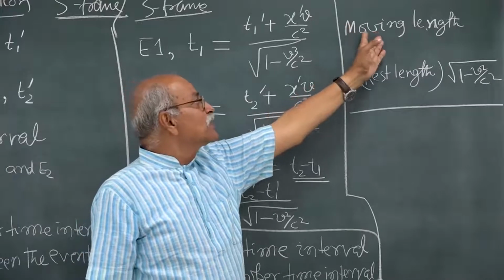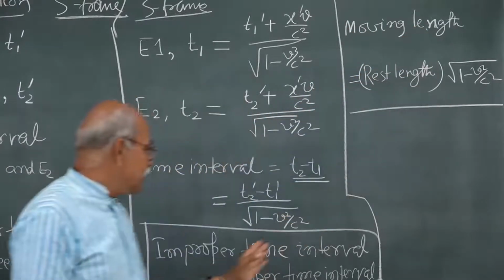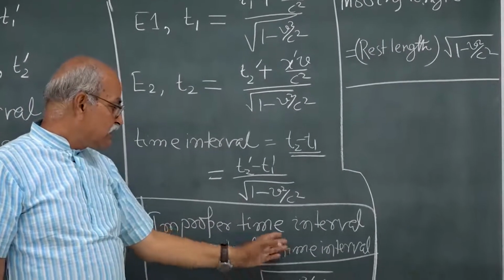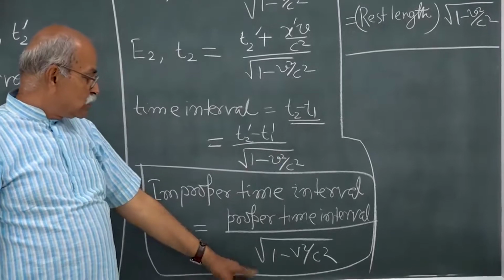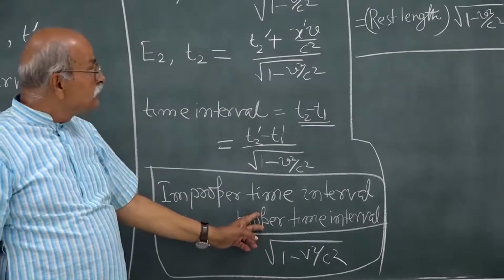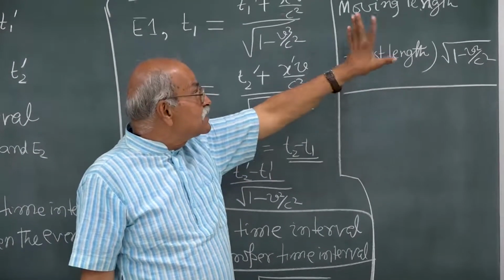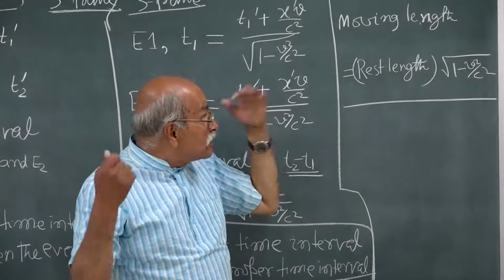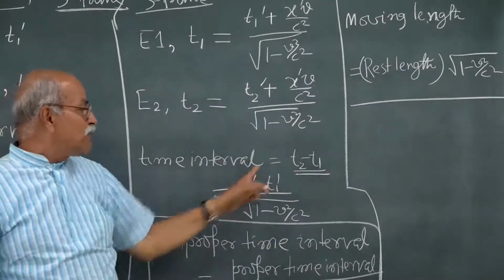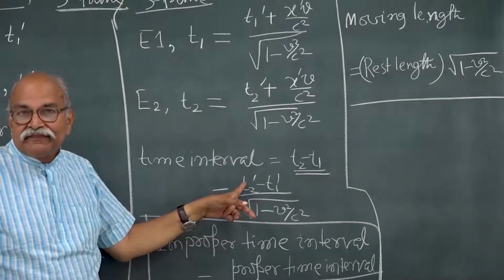So the improper length is smaller than the proper length, and the improper time interval is the proper time interval divided by this. So the proper time interval is the smallest time interval and the rest length is the largest length, and always collect your formula in these forms, not in these types of forms, because S and S prime is our choice.